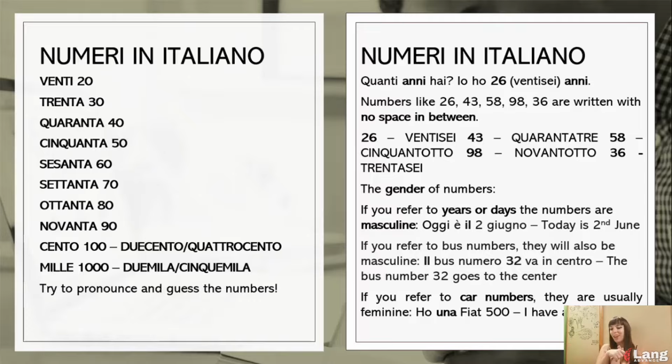Usually, if you refer to the days of the week, of the year, and even years in general, they are masculine. So, in this moment, we are in the 2021, so it's masculine. Il, article il 2021.